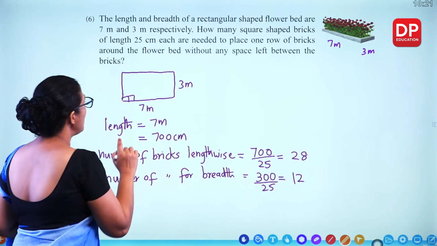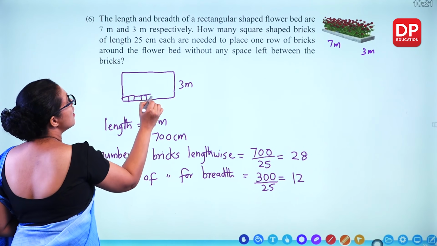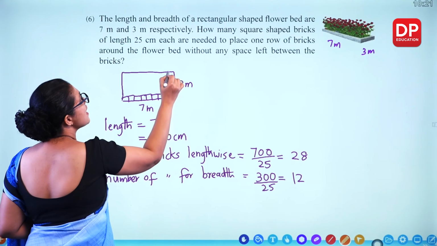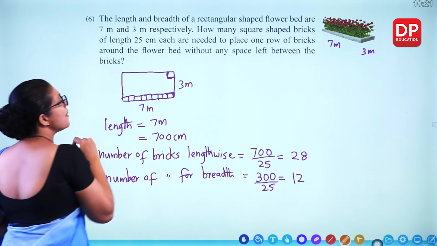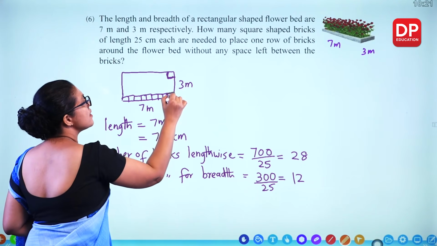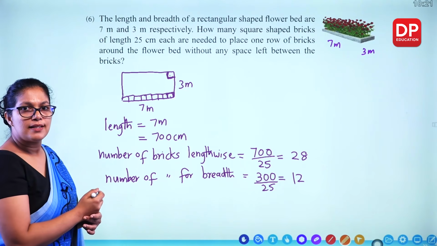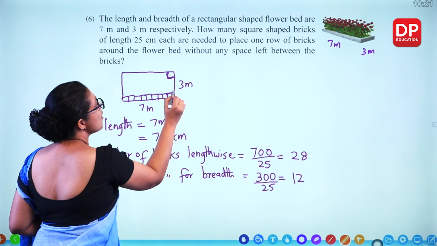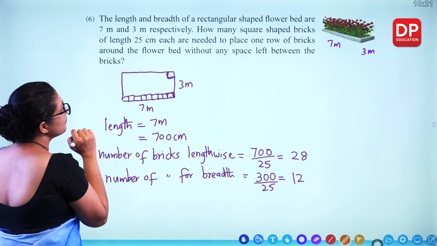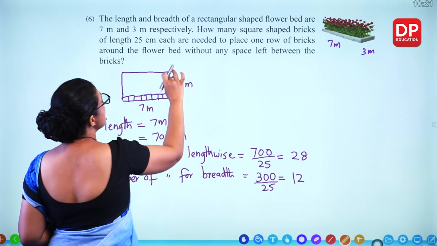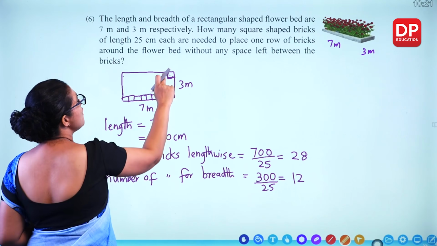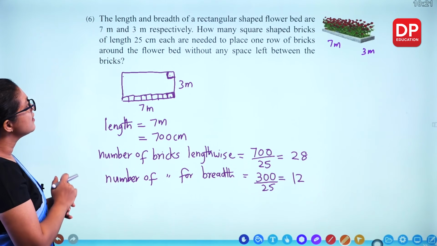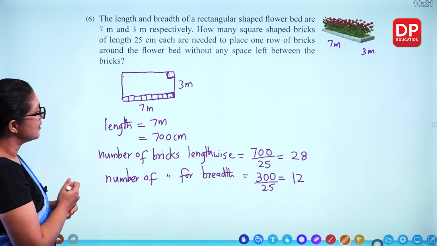But we know when you are taking the tiles, how many tiles overlap here? Here 2 tiles overlap there. So that means you have to subtract how many tiles? 1, 2, 3, 4 tiles you have to subtract after you taking the total length.